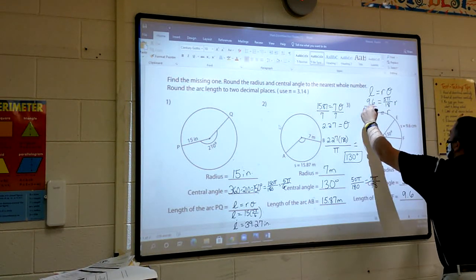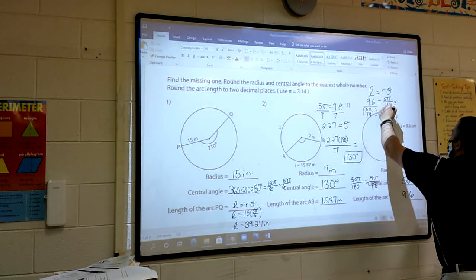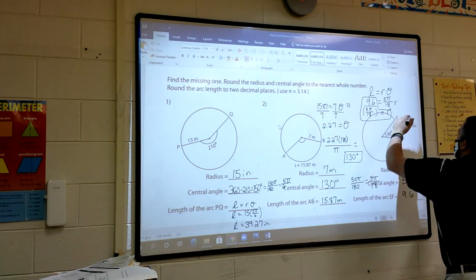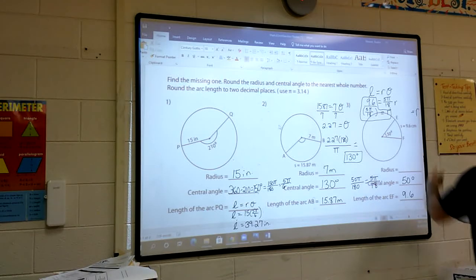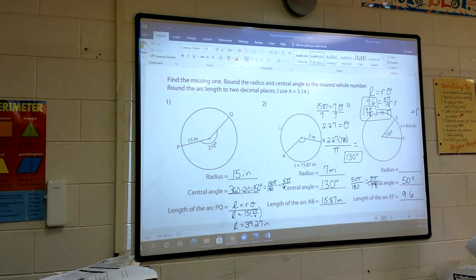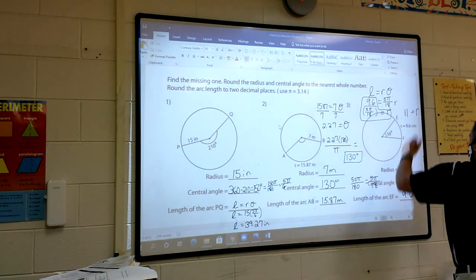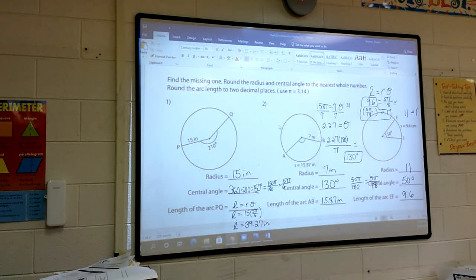Remember, when you divide, you got to put it in parentheses. So now the radius equals 9.6 divided by 5 pi over 18. That gives me 11. Comes out perfectly as my radius. That's 11 centimeters.